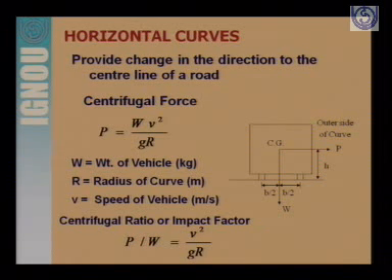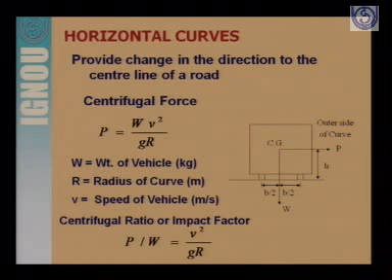So this centrifugal force can be calculated by the formula P equals WV square upon GR. This much centrifugal force is acting on the vehicle, and it tries to push the vehicle towards the outer side of the curve.